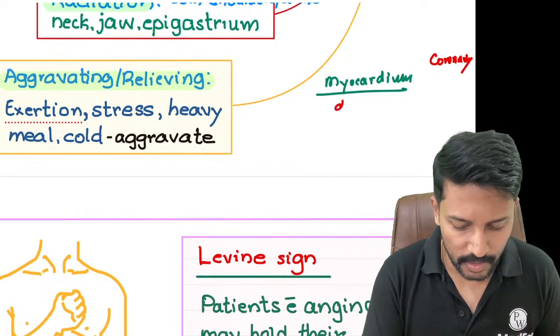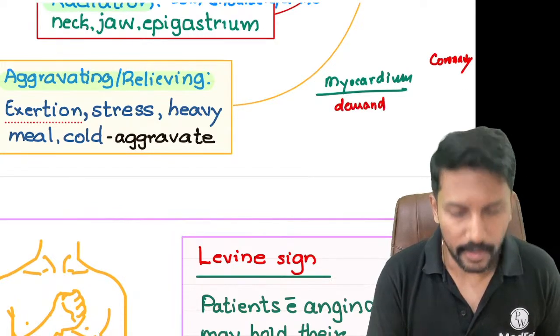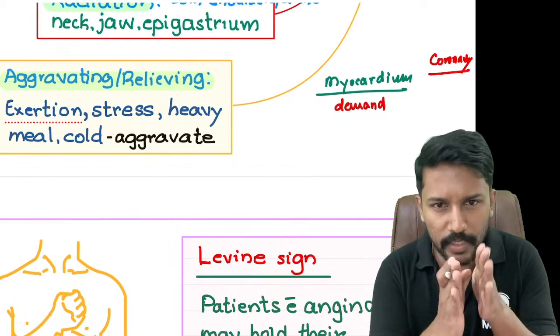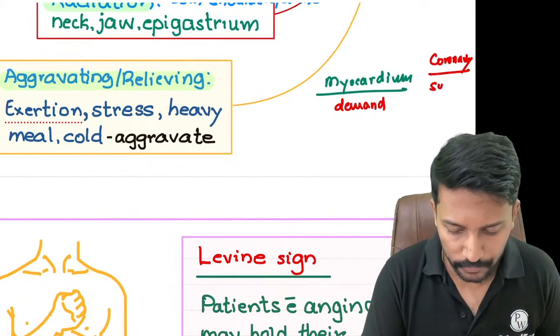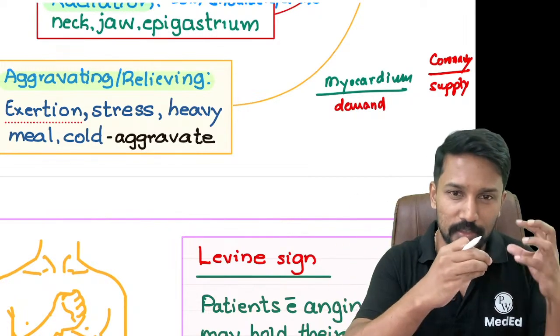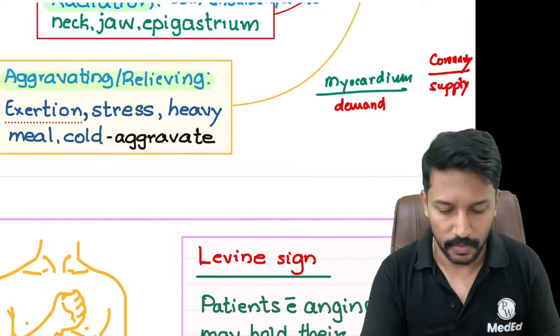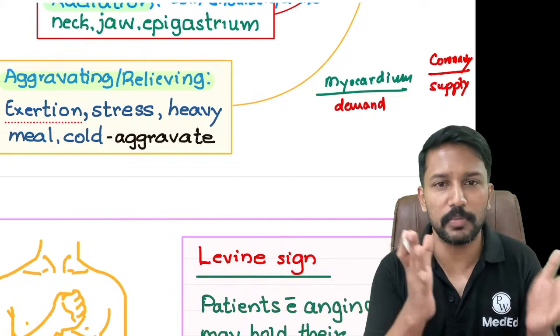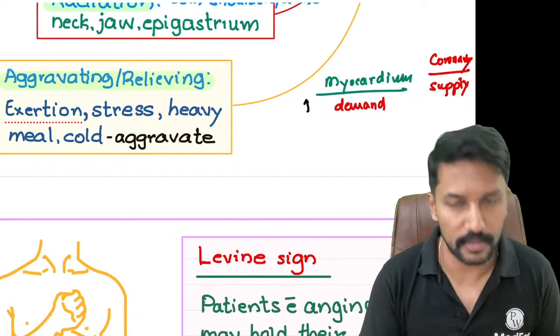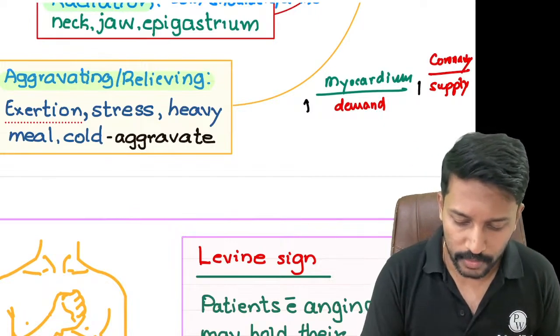So the myocardium has a demand: every second I need this much blood supply. Coronaries, based on their size, will be able to give that supply. As long as coronaries give how much the myocardium wants, there is no ischemia. But if there is a mismatch between demand and supply, either myocardial demand increases or coronary supply decreases.